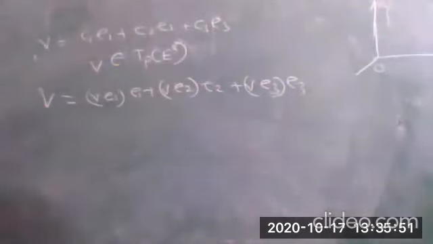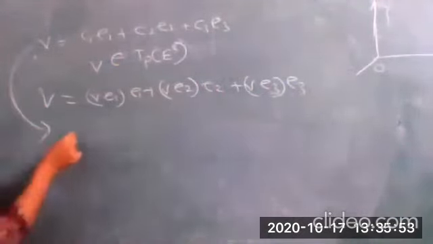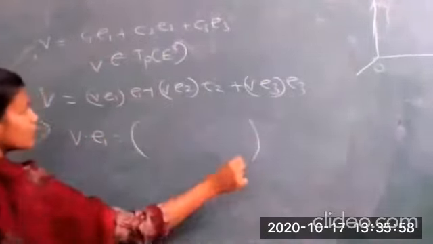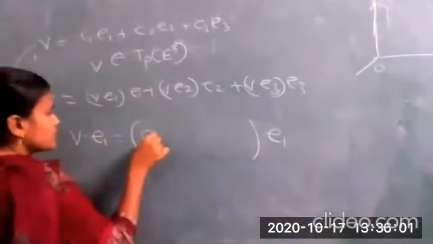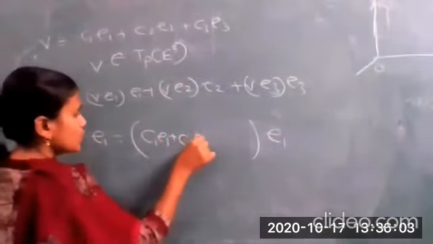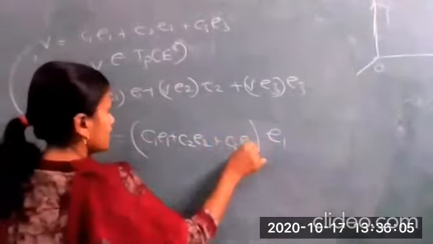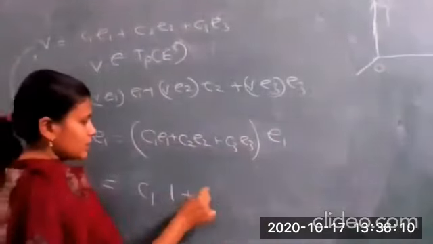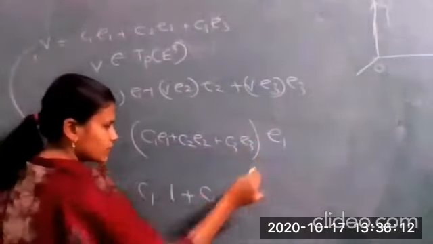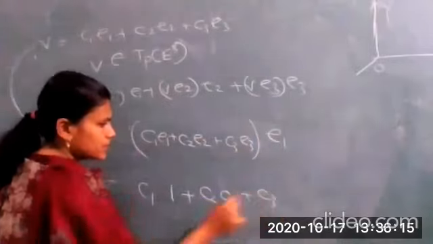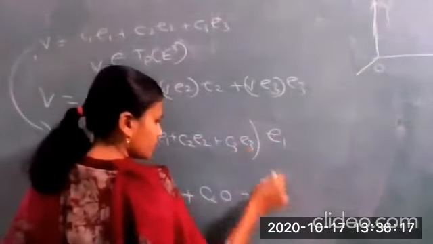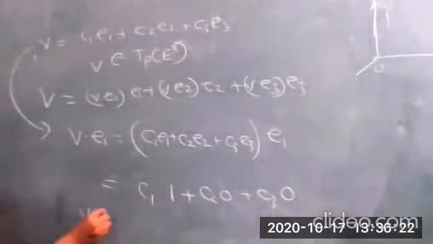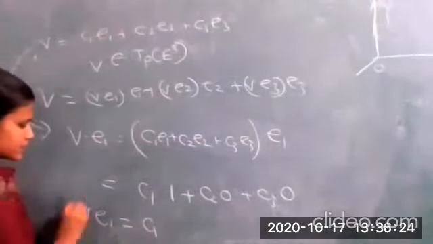So for that, let me take a dot product of V with E1. This whole thing is C1 E1 plus C2 E2 plus C3 E3. So C1 as it is, dot product of E1 with E1 is 1; C2 as it is, dot product of E2 with E1 is 0; plus C3 as it is, dot product of E1 with E3 is 0. So finally V dot E1 is equal to C1.